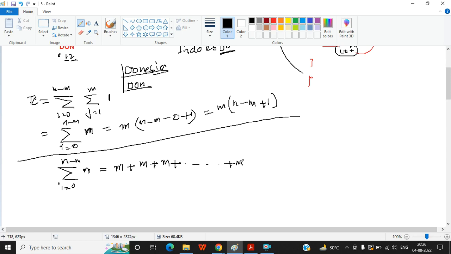This will be your 0th m, this will be your 1st m, meaning the value of i. I'm just writing the value of i is equal to 0, 1, 2 up to this, which will be n minus m, the n minus m th m.